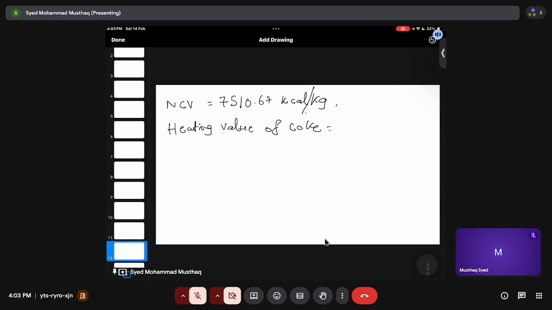If I burn this coal, then if I take out the kg term, I have to multiply with the amount of coal, this much into 7487.81.